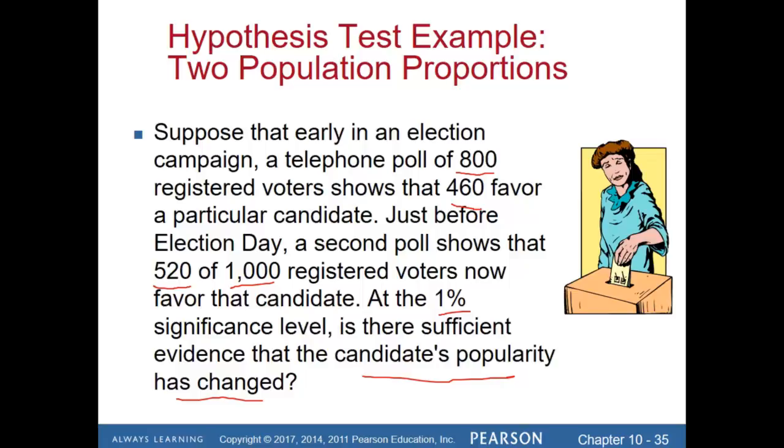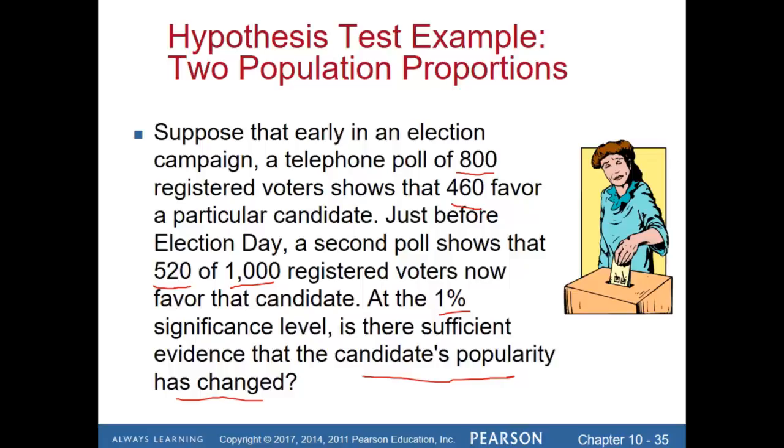If this question had been stated a little bit differently, for example, if it had said, is there sufficient evidence that the candidate's popularity has increased, then we would be looking at a one-tailed test. Or if it had said, is there evidence that the candidate's popularity has decreased, we'd be looking at a one-tailed test. But in this case, it says, is there evidence that the candidate's popularity has changed?